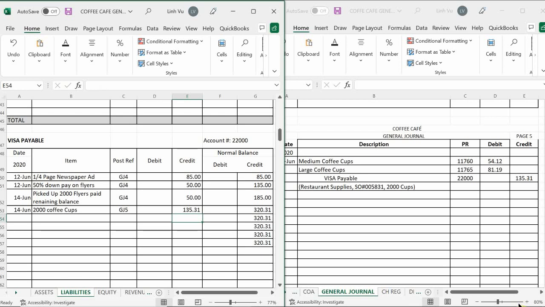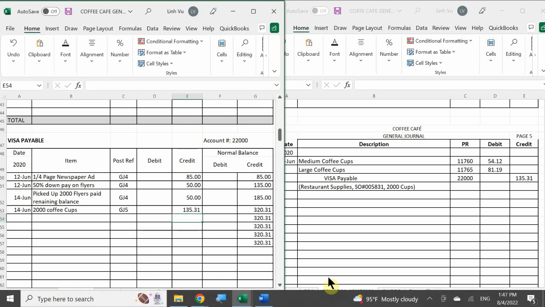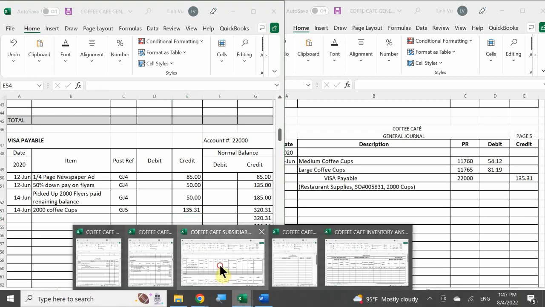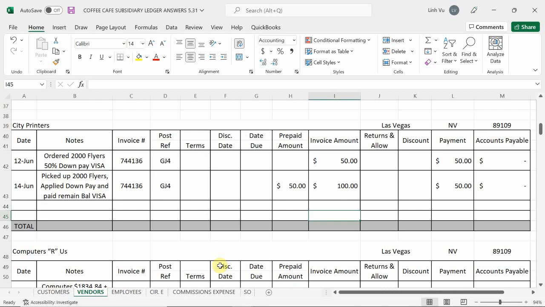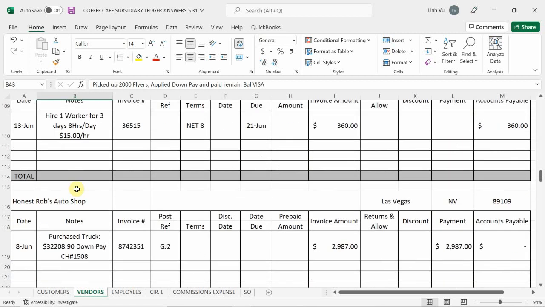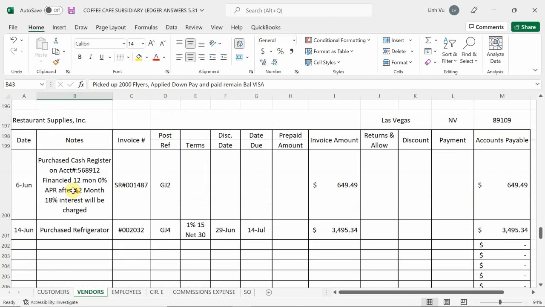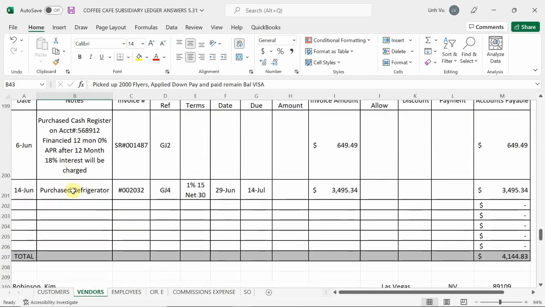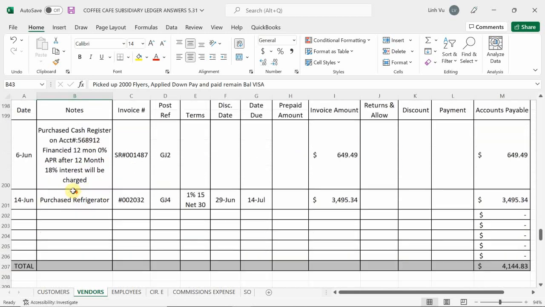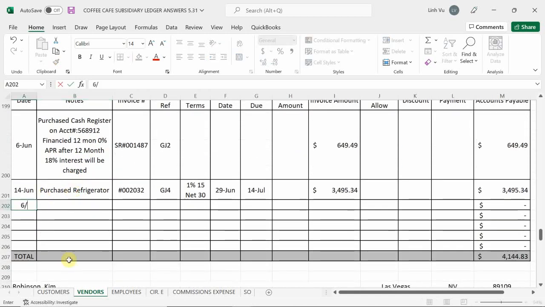Okay? Next is a subsidiary. A subsidiary, we have restaurant supplies. I think it's this one right here, Restaurant Supplies Incorporated. What did we buy?